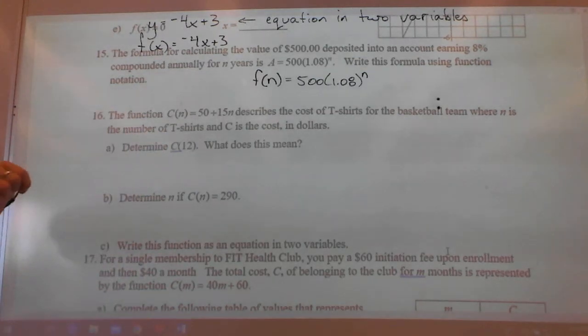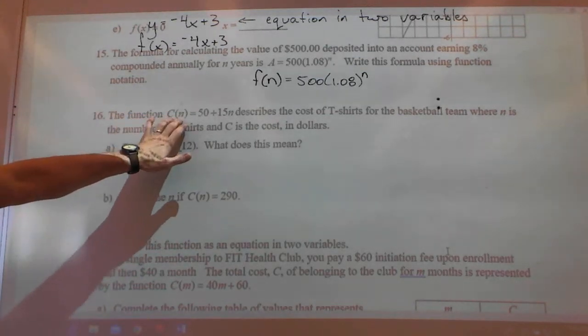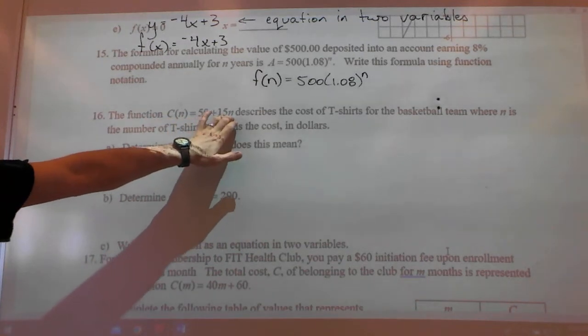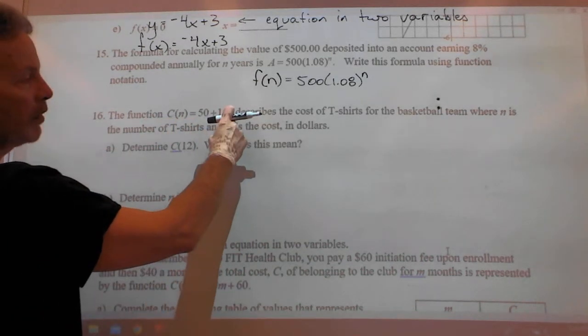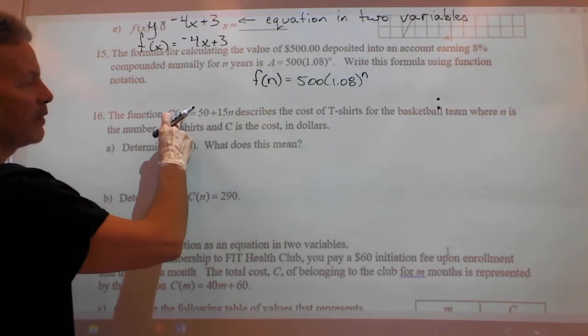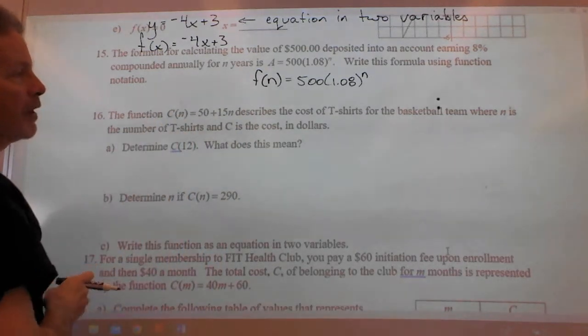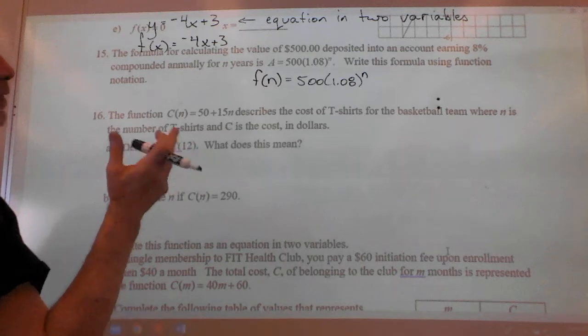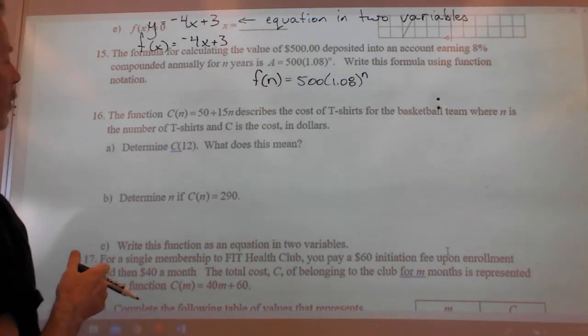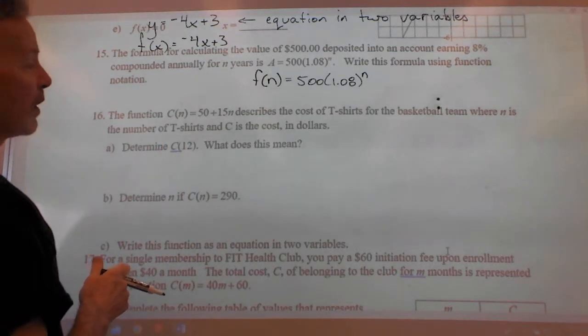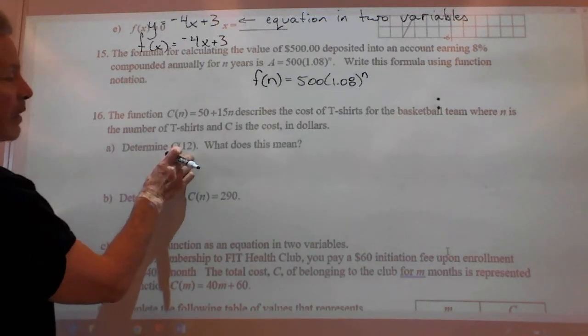Number 16 says the function c at n equals 50 plus 15n. Again, remember, the variable on the right side is just plugged in the brackets for function notation. It describes the cost of t-shirts for a basketball team where n is the number of t-shirts, c is the total cost in dollars. Determine c at 12.